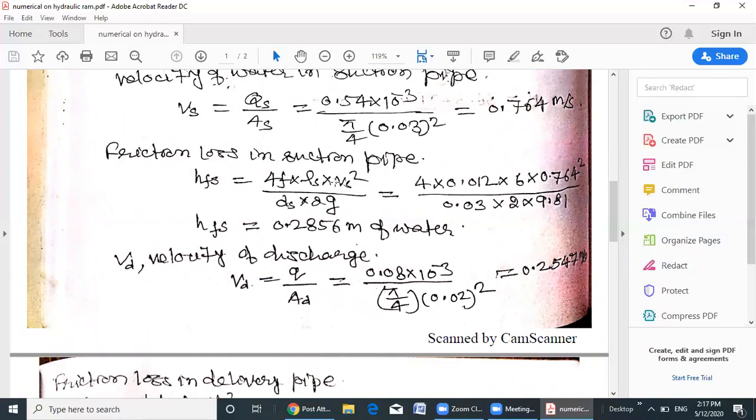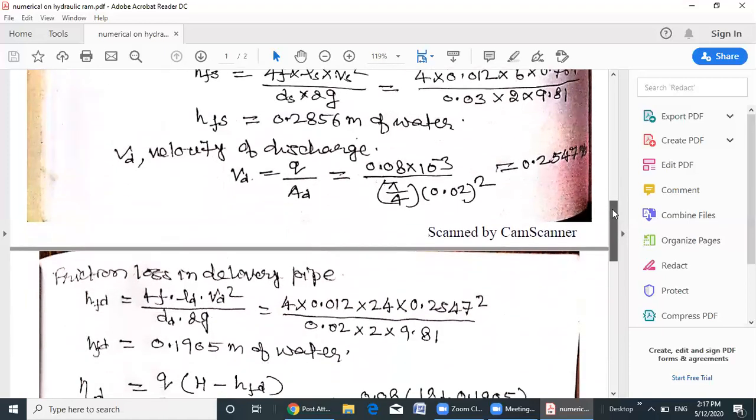Remember that. 4 into friction coefficient given as 0.012 into 6 into 0.764 squared, already we have calculated here. Diameter is given 0.03 meter into 2 into 9.81. If we calculate, we will get frictional head loss as 0.2856 meter of water in supply.